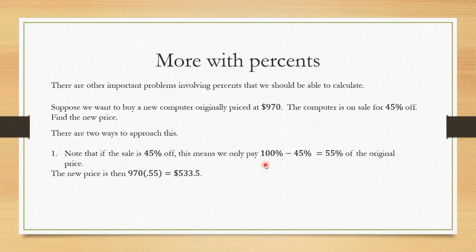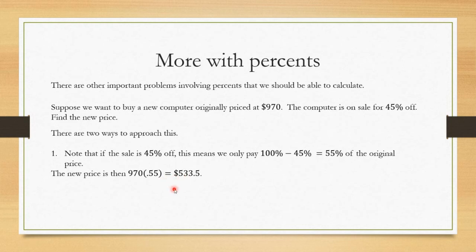Well, there's two ways of doing this. For the first way, if it's 45% off, we're only going to pay 55% of the original price. So that's one way to look at it. And in that case, you get this as the new price. It's 45% off, so it's 55% of the original price.